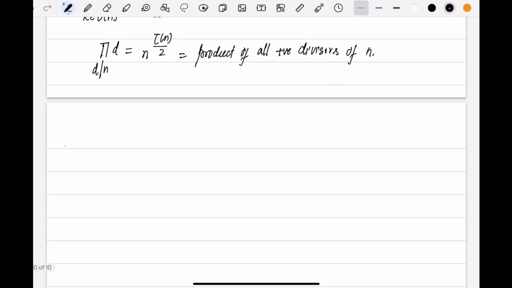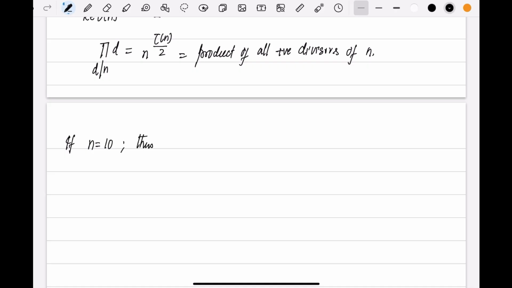So let's have an example on both of them. Let's apply these above formulas. Let's take one simple exercise: n is equal to 10.